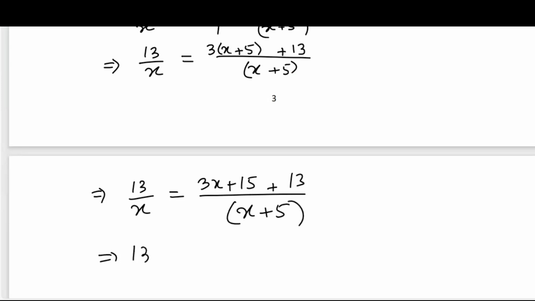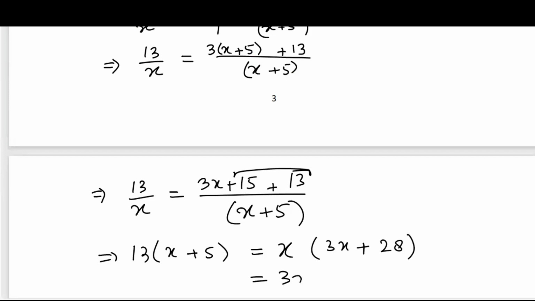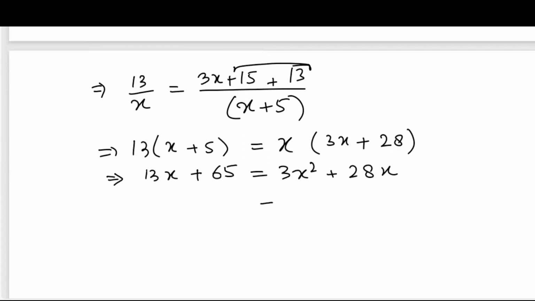By cross multiplication, 13 times x plus 5 is equal to x times 3x plus 15 plus 13 is 28. So 3x squared plus 28x, 13x plus 13 times 5 is 65.